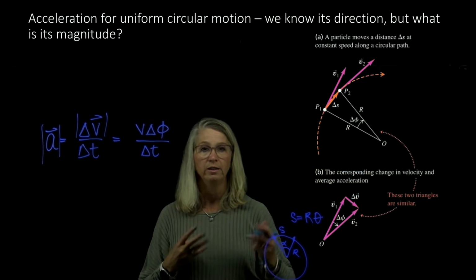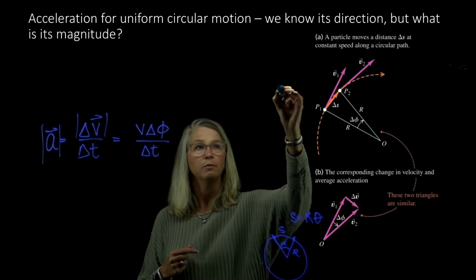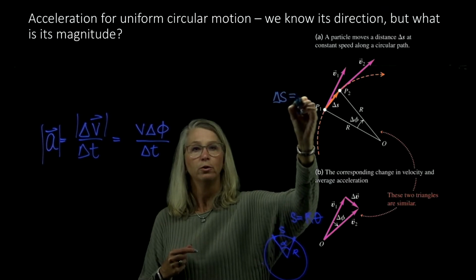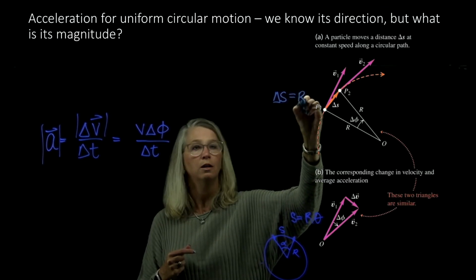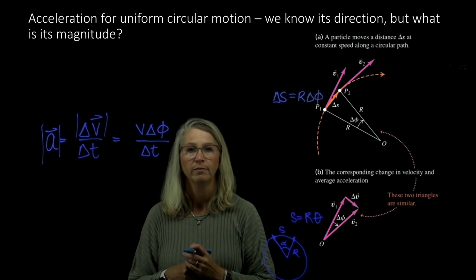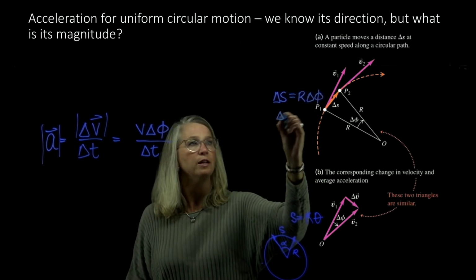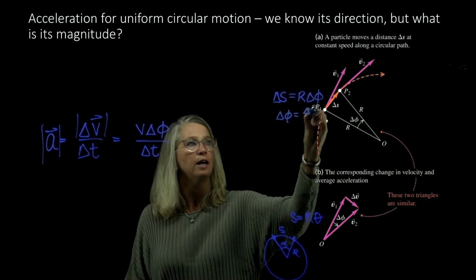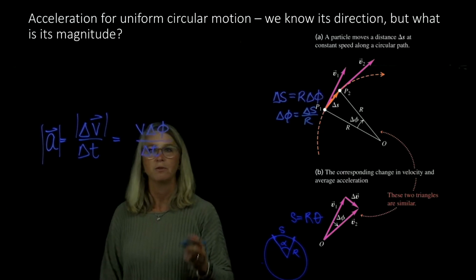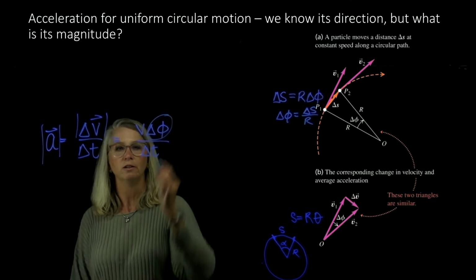And so in this triangle, I can say, I'm going to write it up here, delta S is equal to R delta phi. And I'm going to rearrange this, and delta phi I can write as delta S over R. And so I'm going to substitute in for this angle.